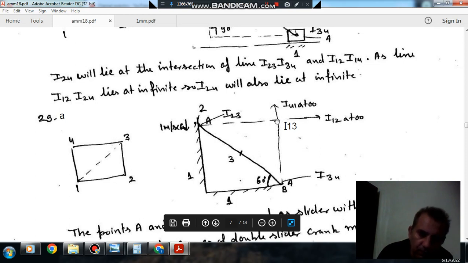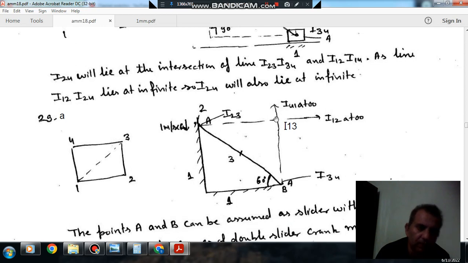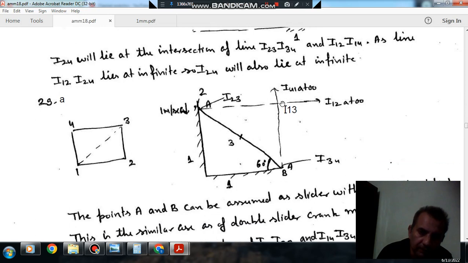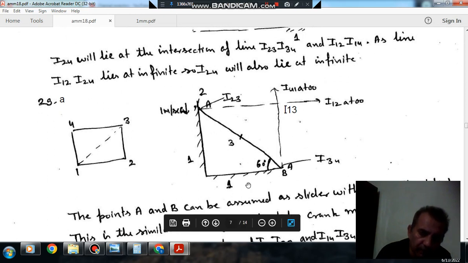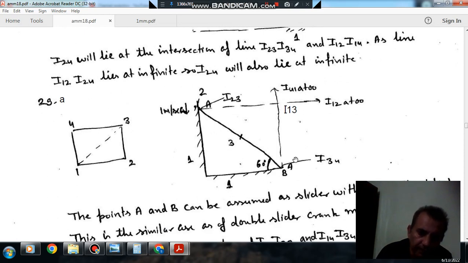So this will be your I13, the point of intersection of these two lines. Okay. So this is your I center I13. I13 means when one link is fixed, then 3 is rotating about it. So this is the point of rotation of link 3.